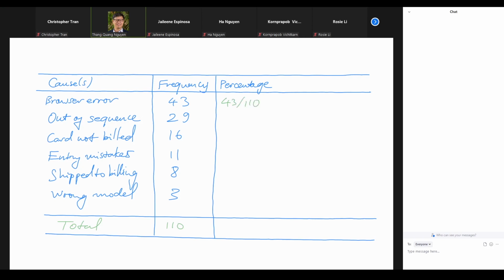Then we have 0.39 or 39%, right? So that's the first percentage. The second one, by the same token, we're going to do 29 divided by 110. Then we have 26%. On and on, we will do the same for the other causes. The third one would be 0.15.